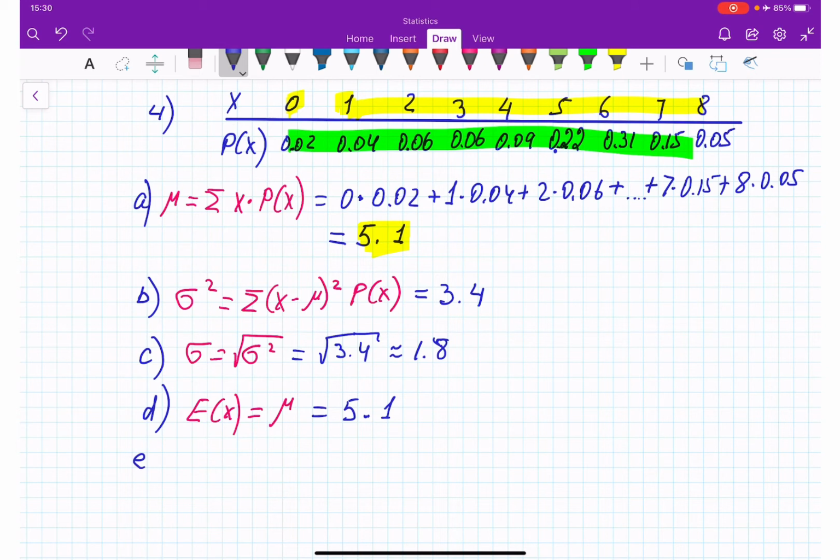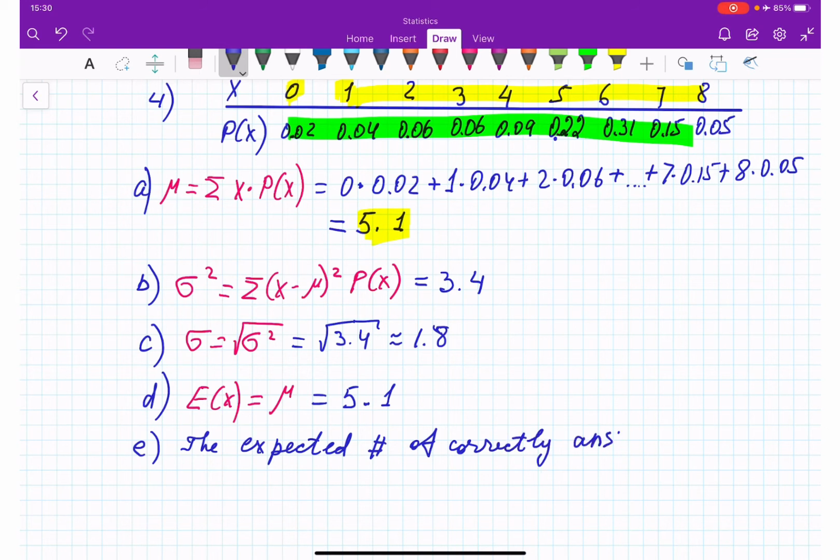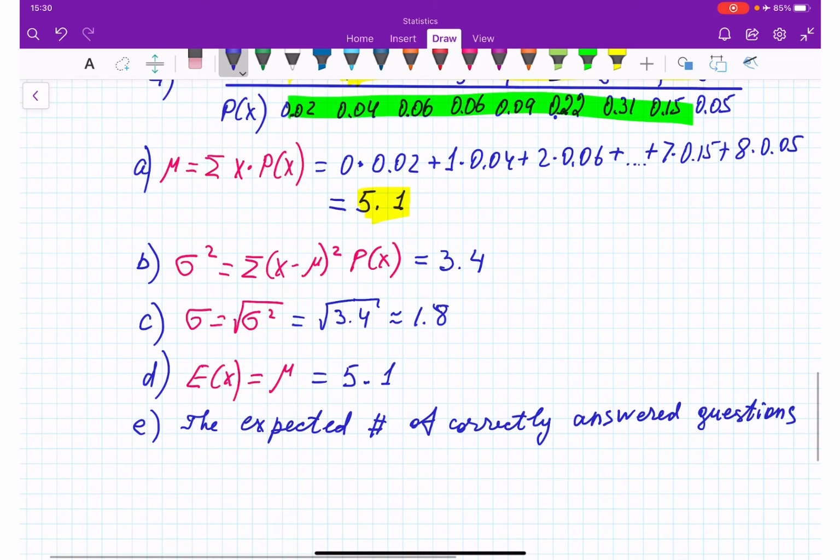So E, the expected number of correctly answered questions is 5.1 on average.